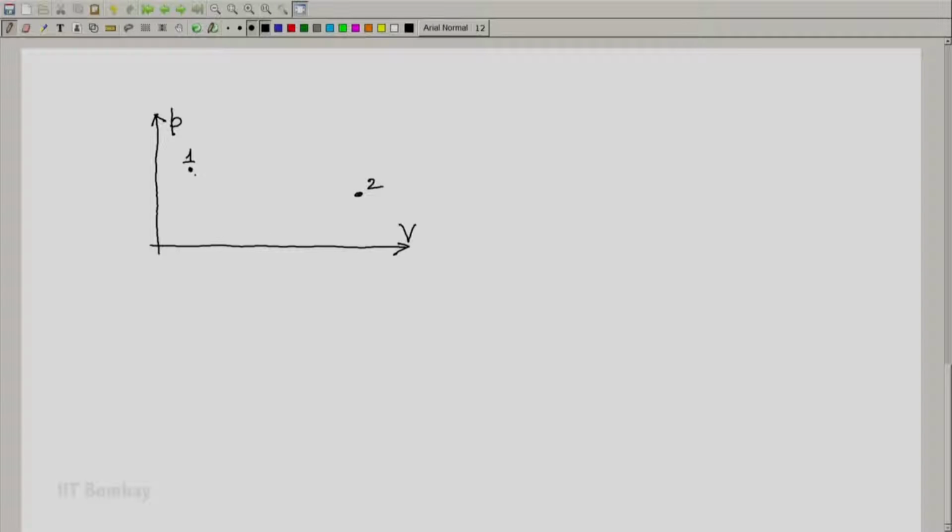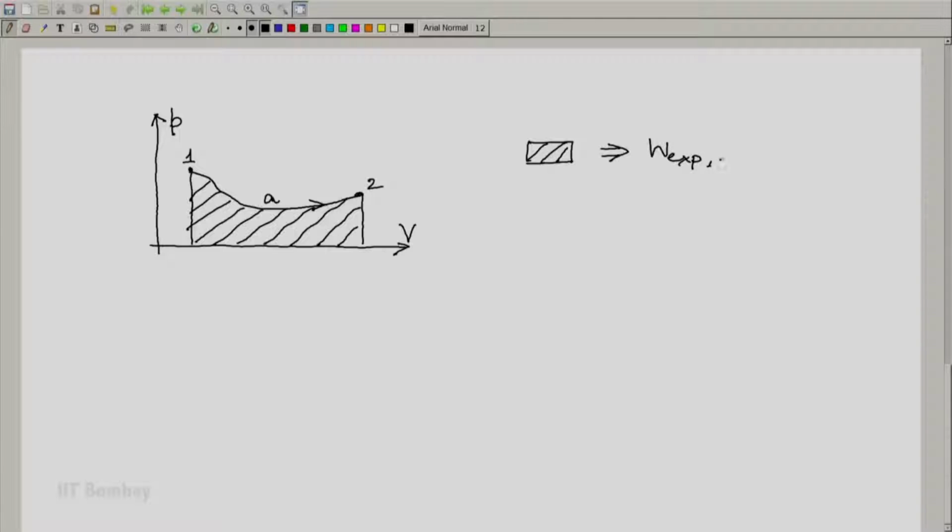And let us say that in one case the system executes a process from initial state 1 to 2, a quasi-static process which can be depicted like this. Let me say this is 1A2. In this case, it is very clear that the area under this curve shown by hashed black lines represents W expansion in the process 1A2.